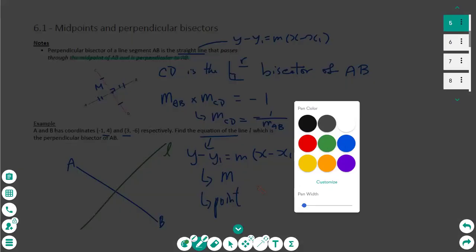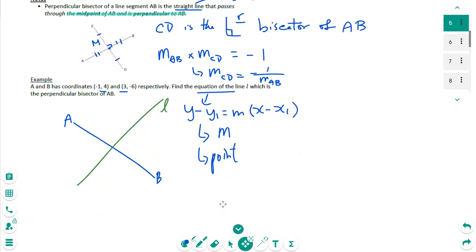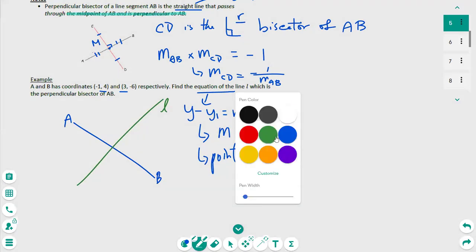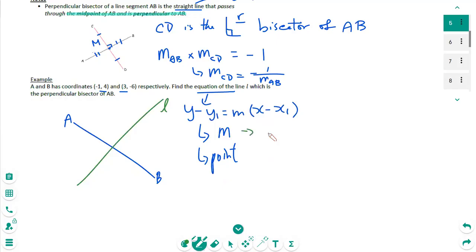So to do this, what we need is the gradient m, which is the negative reciprocal of the gradient of AB because they're perpendicular, right? And the point is the point M, which is the midpoint of AB.